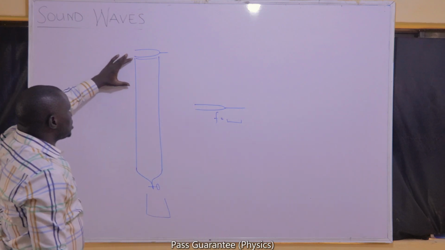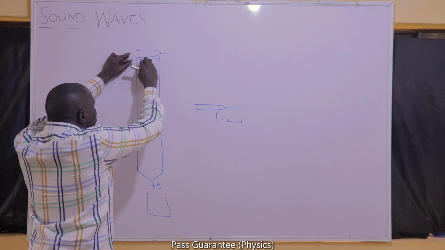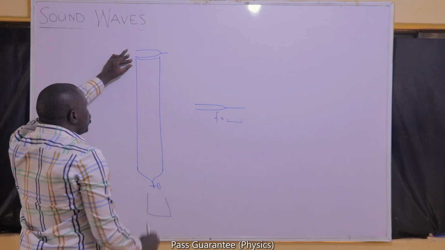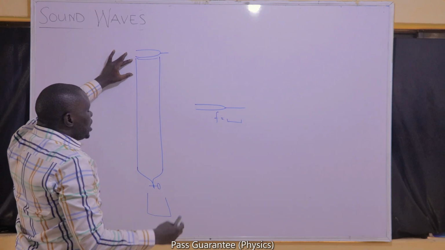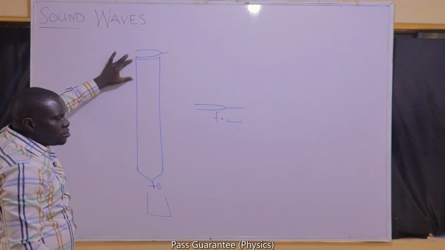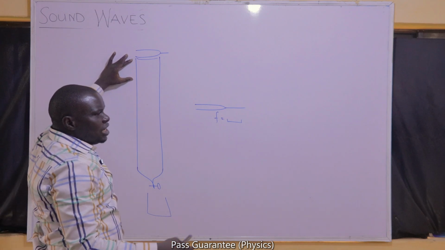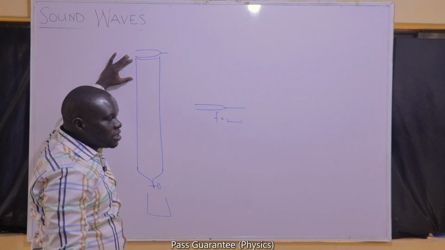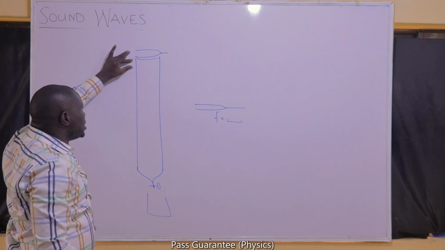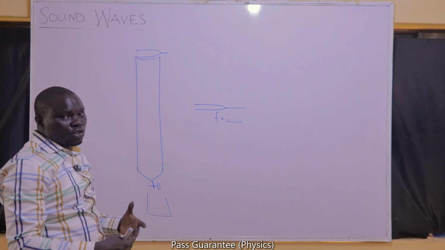As you draw out water, there's room for more air. With the quantity of air comes the frequency with which it is going to vibrate. As the quantity of air changes, the frequency with which it vibrates also changes.